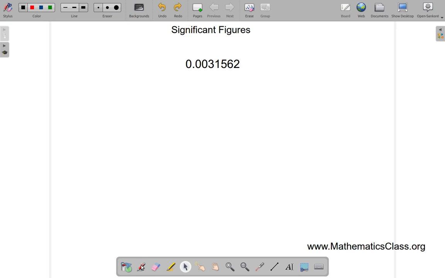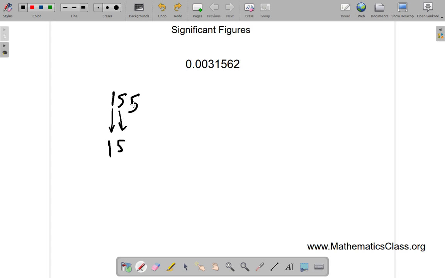An example of what was done before would have been something like 155, and you want that to two significant figures. The first significant figure was 1, so you put that down. The second significant figure is 5.